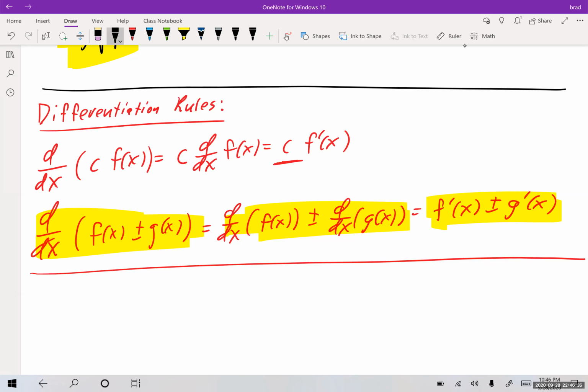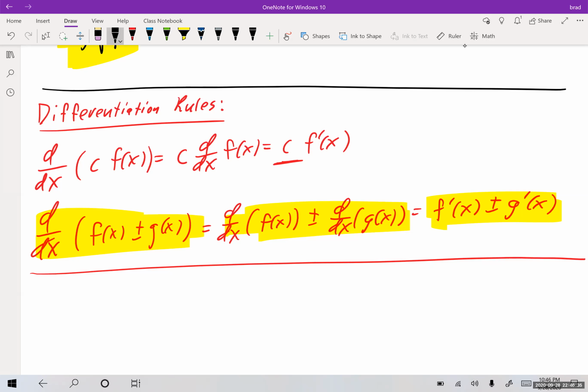So let's say that we have y equals 3x cubed plus 1 over x squared. And I want you to find the derivative. So you would just say y prime. Let me write it like this. Actually, in Dr. Hughes's notes, I have it as f of x.